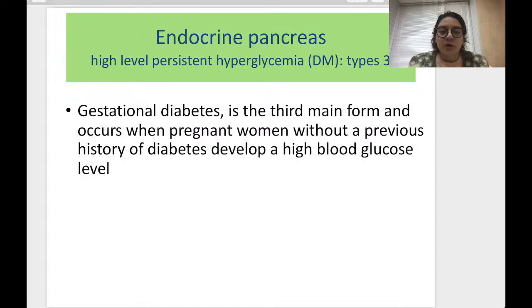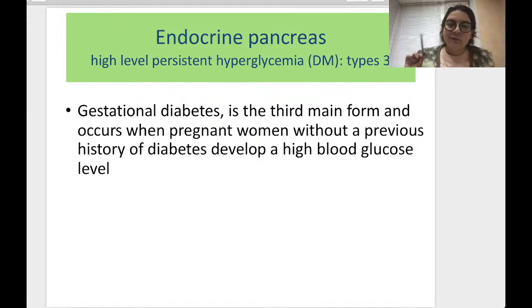And third, one of the main forms is gestational diabetes. It occurs when pregnant women without previous history of diabetes develop a high blood glucose level. One more time, gestational diabetes is hyperglycemia without previous history.